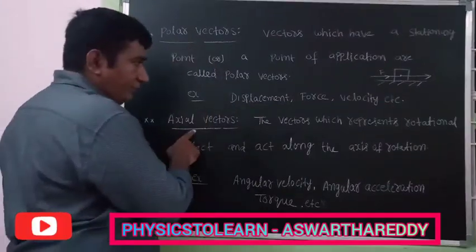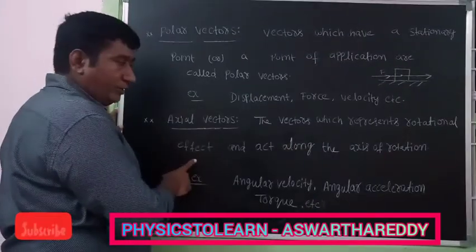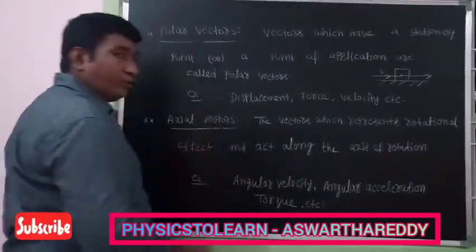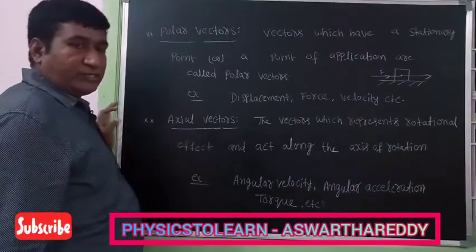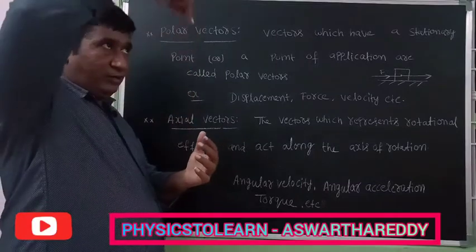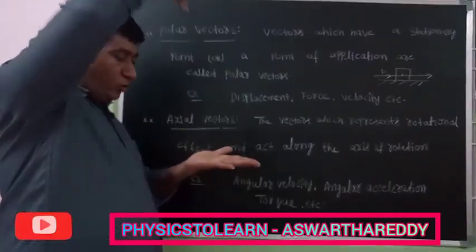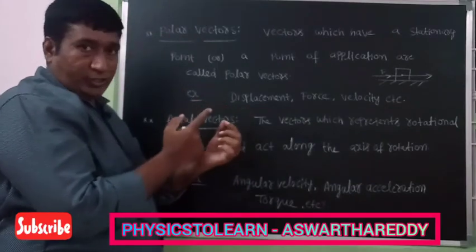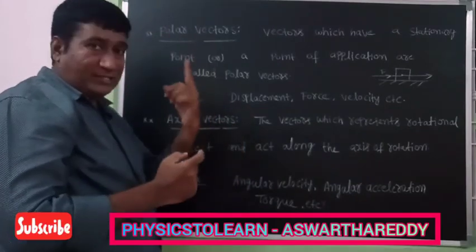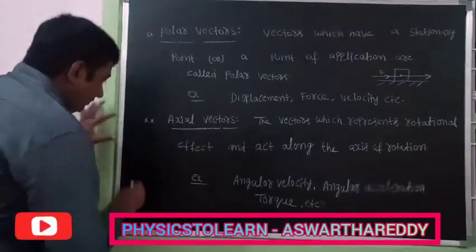Whereas axial vectors are the vectors which represent rotational effect and act along the axis of rotation. For example, take a ball, insert a rod, and rotate it about that axis.